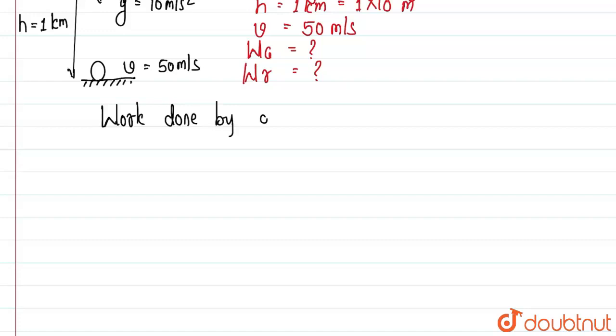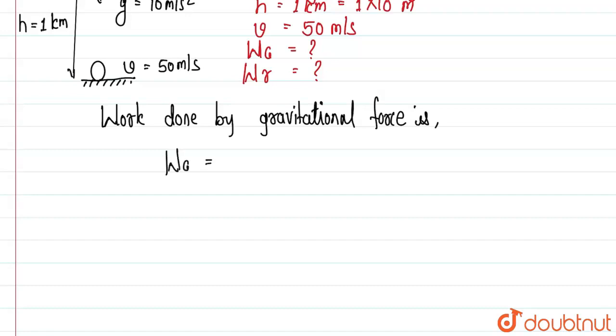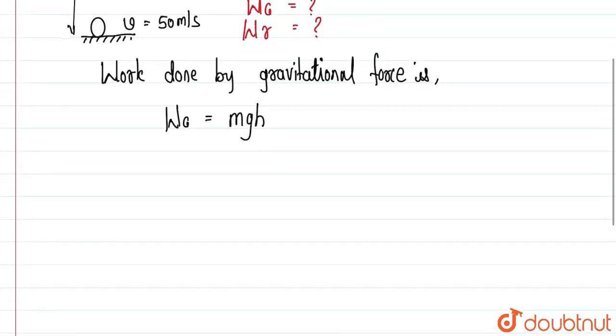For that, first we will calculate work done by the gravitational force. For this we have the formula, W equals mgh. M is the mass, g is the acceleration due to gravity, h is the height.